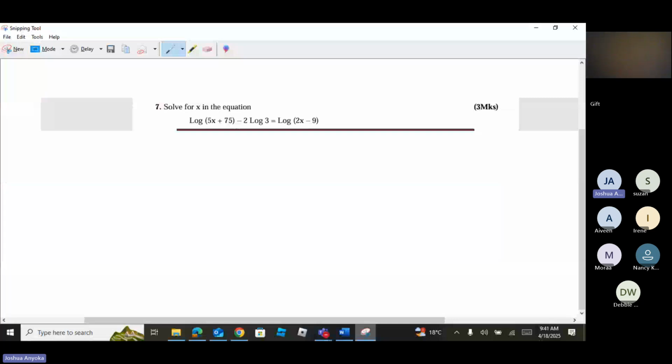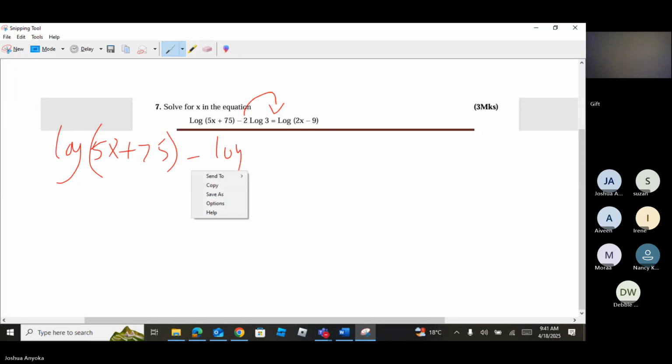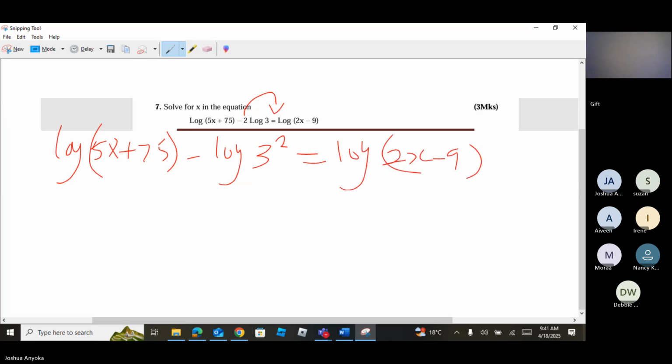Let me hope that it is close to the answer. So it is log of 5x plus 75 minus log of 3 squared, log of 2x minus 9.